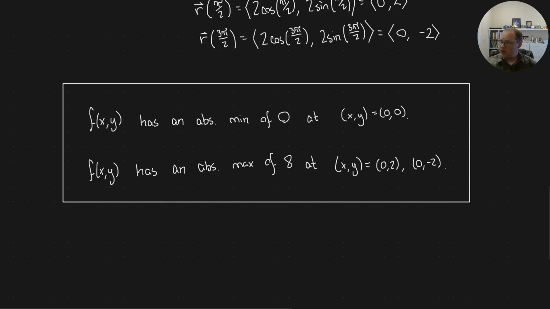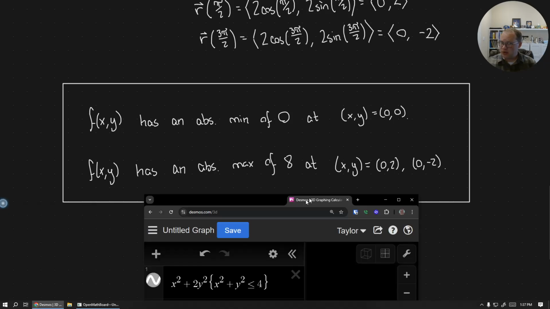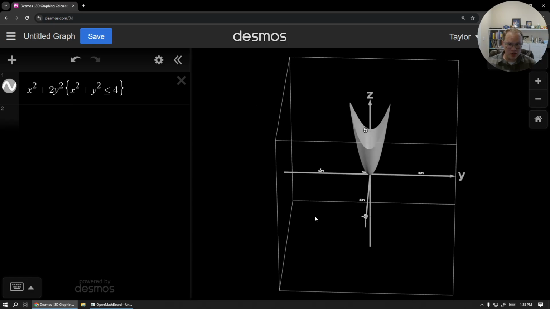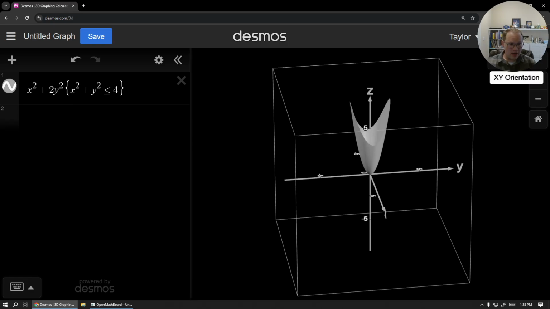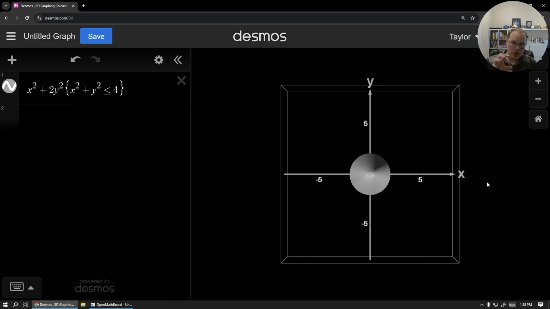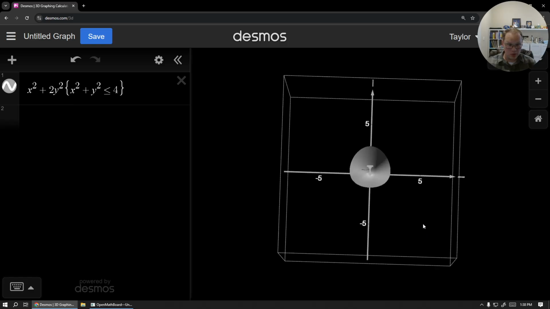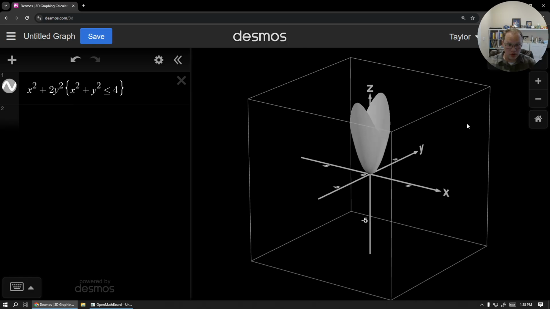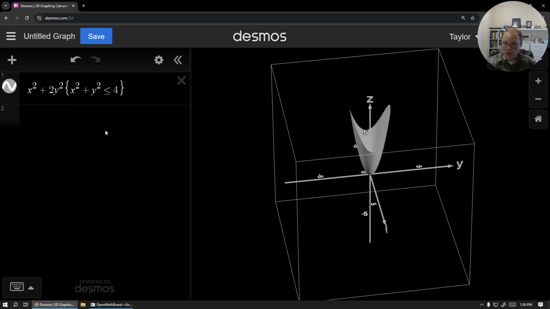Let's see how this translates to the graph. So this is the function restricted to the circle. Here, if I look down the z-axis, you can see I really am restricted to the circle x squared plus y squared is less than or equal to 4. So if I restrict the surface to the circle, that's what I get. So what were the points that we found?